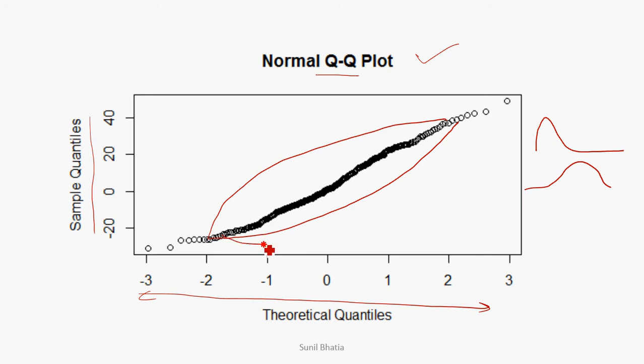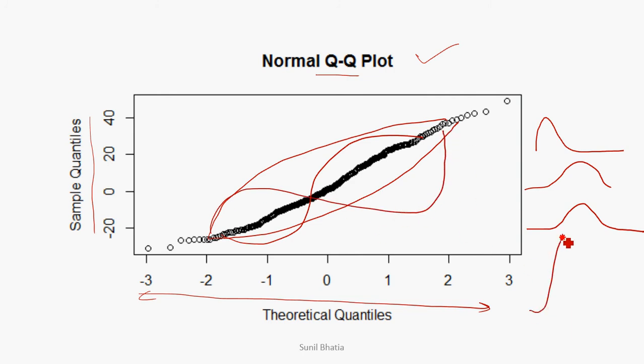Suppose we have a convex-concave shape, then it means that we have very heavy tails in our distribution. And if it is a concave-convex type of shape, then we will have lighter tails than the normal distribution. So in this way we can find out whether a distribution is normal, and we can also interpret some properties, like whether there are tails or skewness in a distribution.